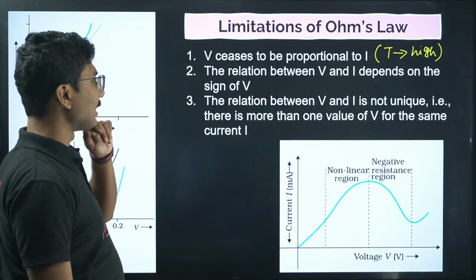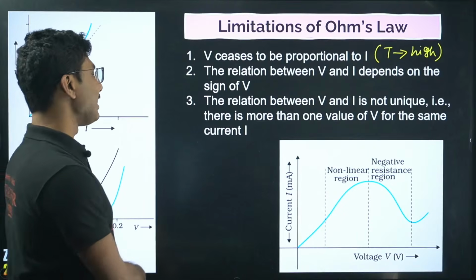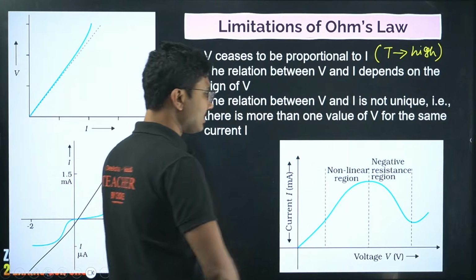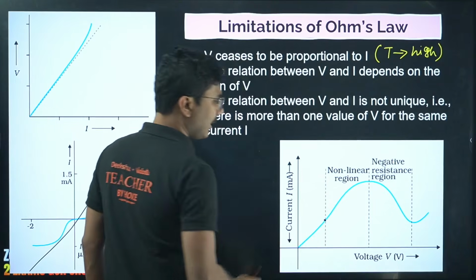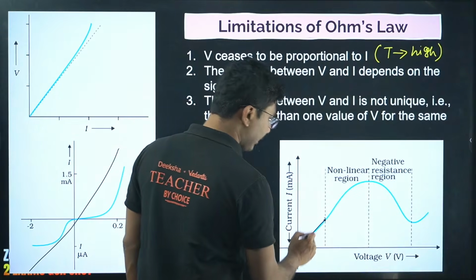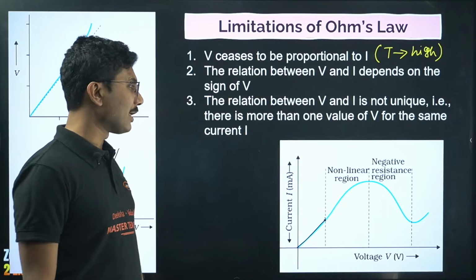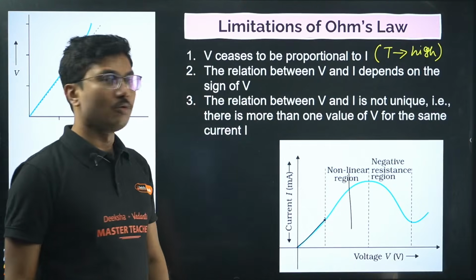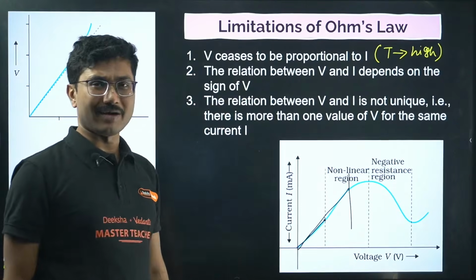The last but not the least, the relationship between V and I is not unique. That is, there is more than one value of V for the same current I. If you observe this graph up to this point, you might feel that this is an Ohm's law graph, because it is almost a straight line graph passing through the origin. Even if you observe only up to this point, you might feel Ohm's law is still valid.